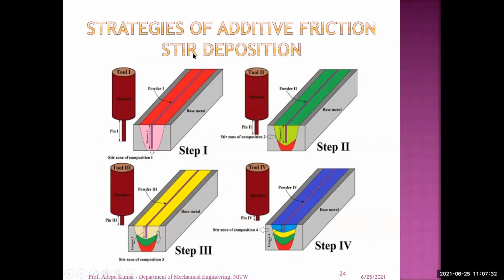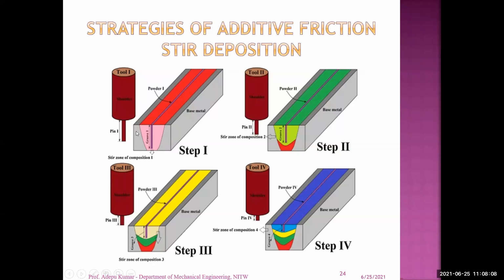This is another technique, where we generate functionally graded materials using the knowledge of the additive friction stir deposition process. This is one of my research student's work. Our aim is to generate functionally graded materials through this technology. How are we going to generate them? It is a simple technique. Initially we take the bulk material and make a groove.